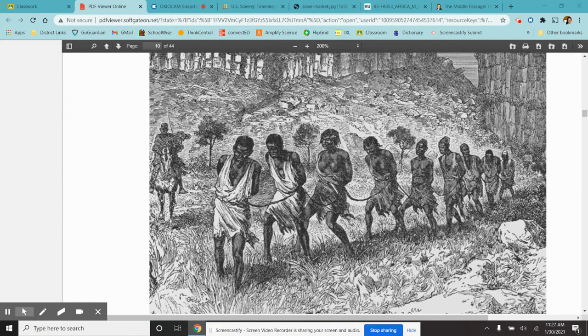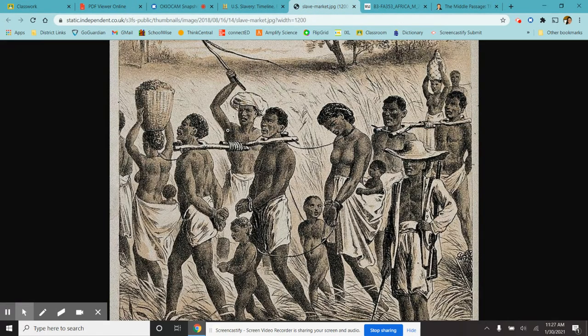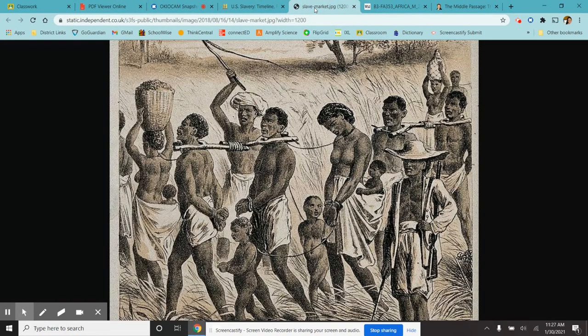Also, similar to this picture, I found a few other images to share. This example is an image that I think depicts the same idea, but at least gives you another reference point.